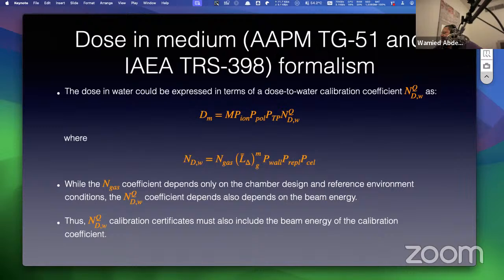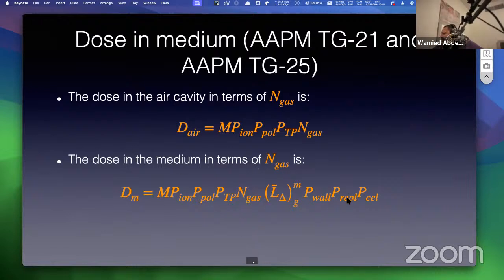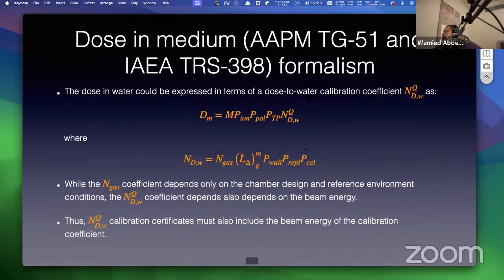This is used by the AAPM TG-51 or by the IAEA TRS-398. Essentially, they have taken N-gas multiplied by all of these factors and defined a new chamber calibration coefficient, called the dose-to-water calibration coefficient, N_DW. So N-gas and everything after it is absorbed in this new dose-to-water calibration coefficient.